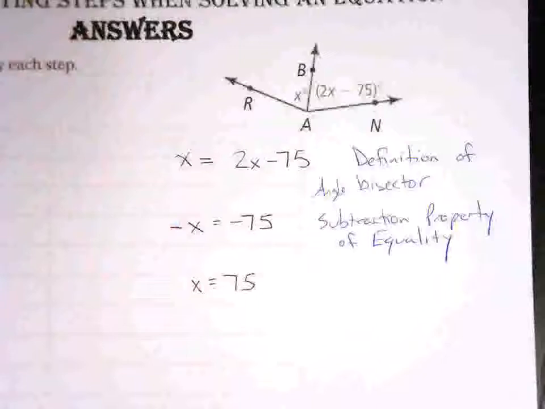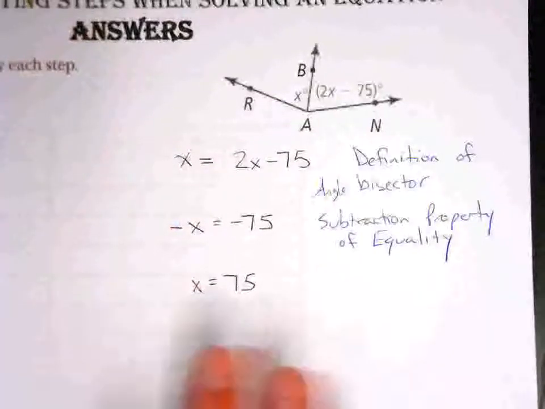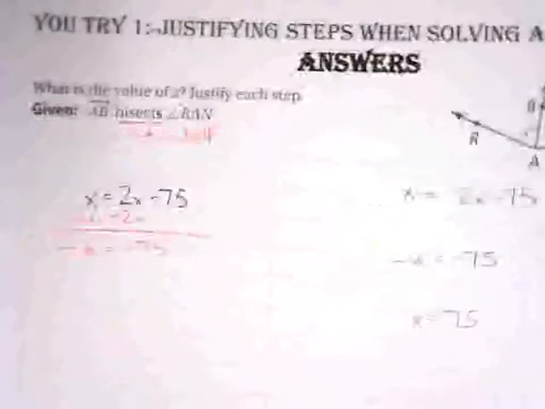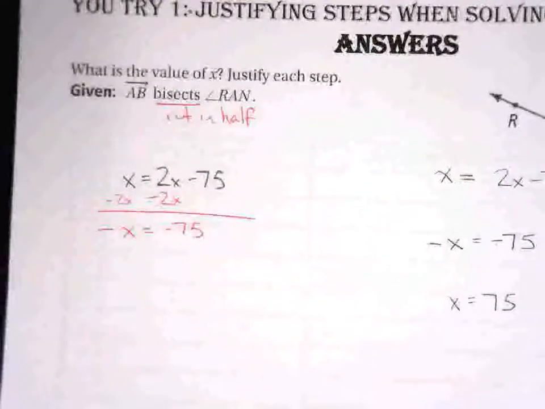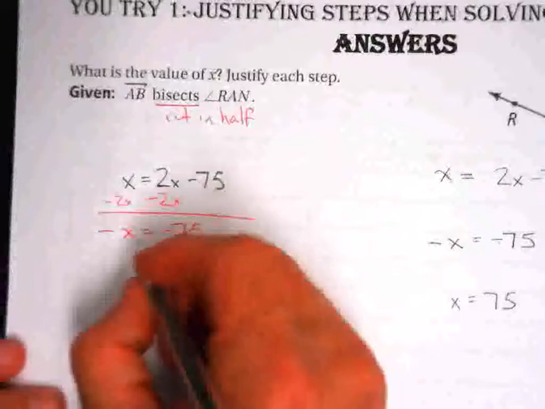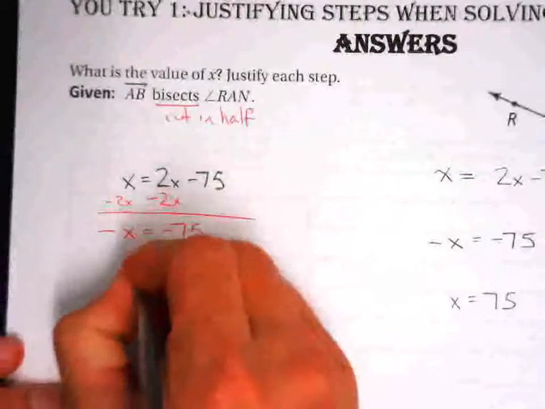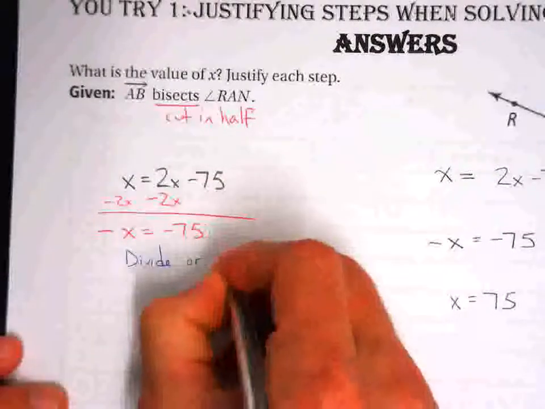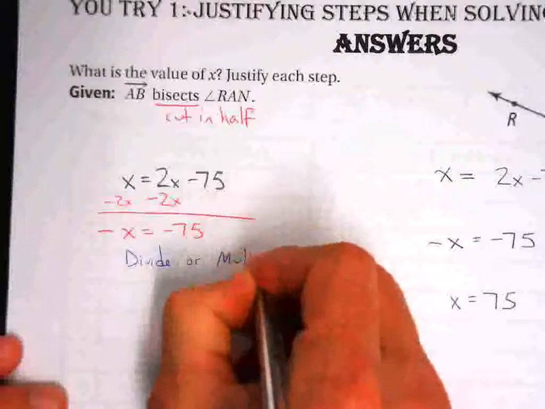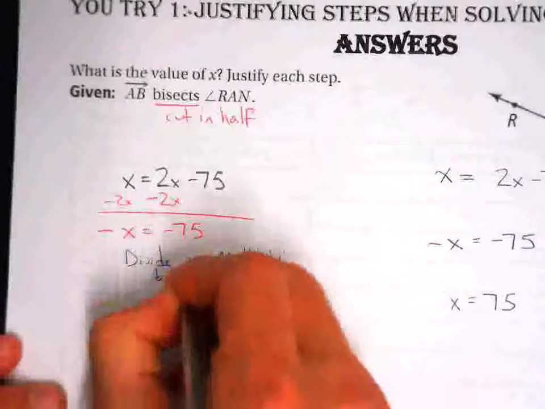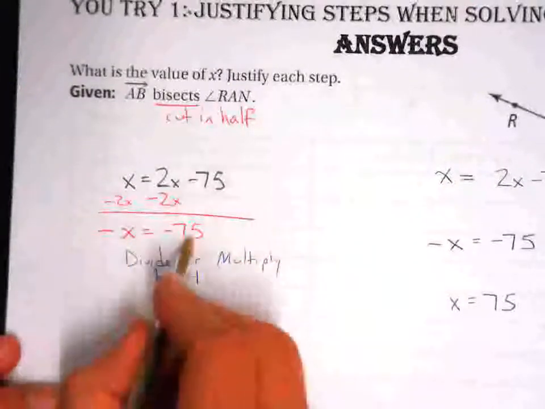Now we could do one of two things from here. We could either divide or multiply by negative 1. It doesn't matter. You can divide or multiply by negative 1, and then this would become positive, and this would become positive. So it doesn't matter how you visualize that.